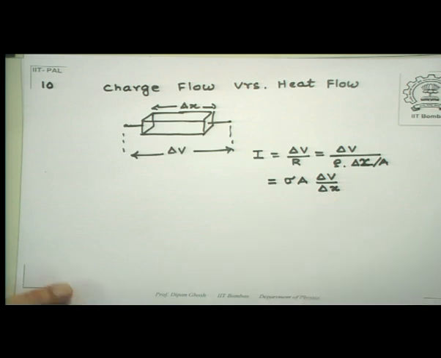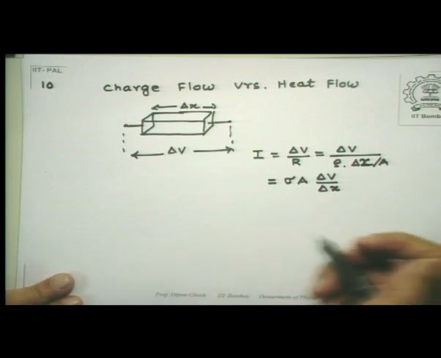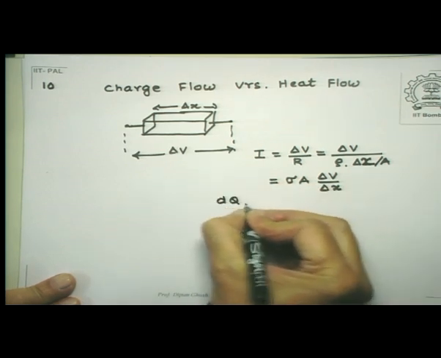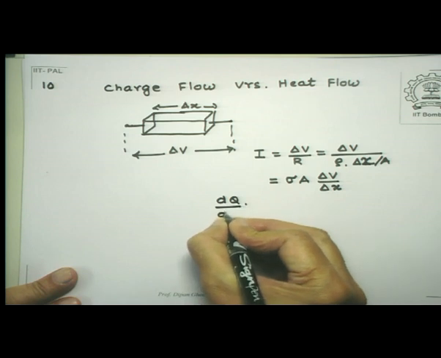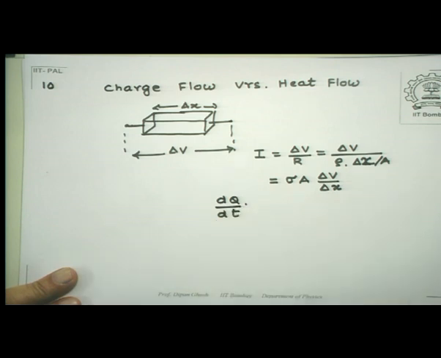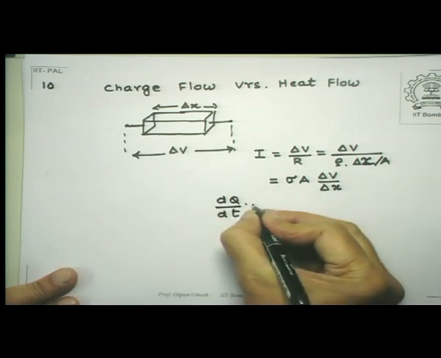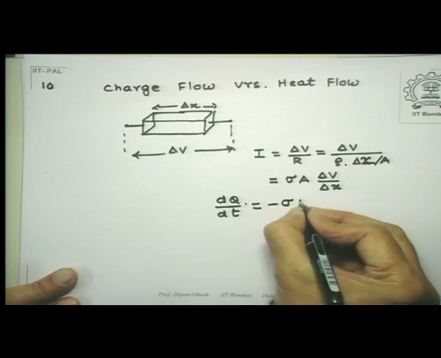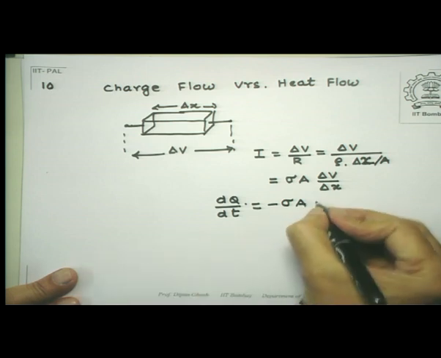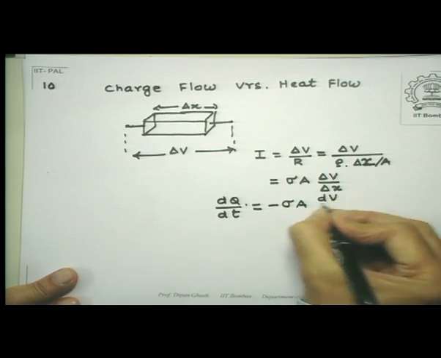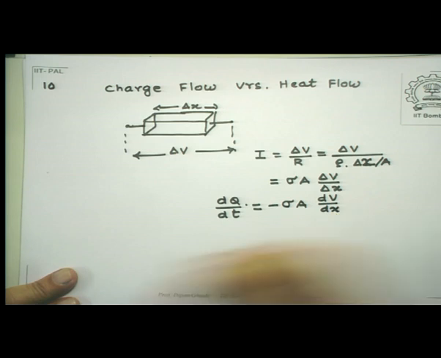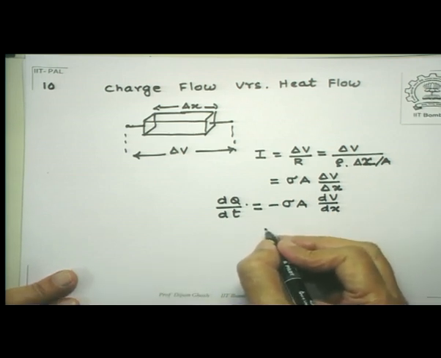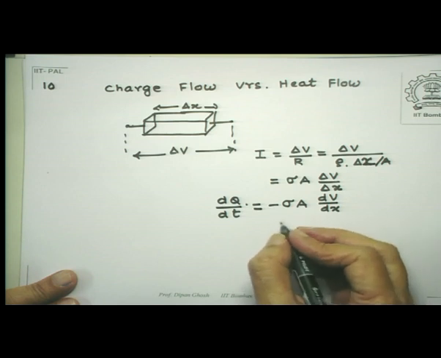Now let us recollect. If you wanted to write this as a proper relationship, I will write dq by dt, which is my charge flow current, but I will put in a minus sigma A dV by dx, and that is because the positive charges move in the direction of decreasing potential.